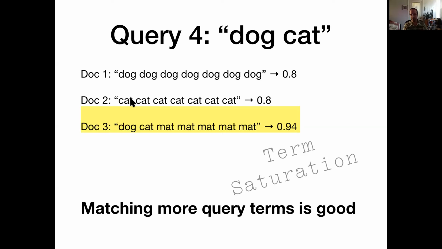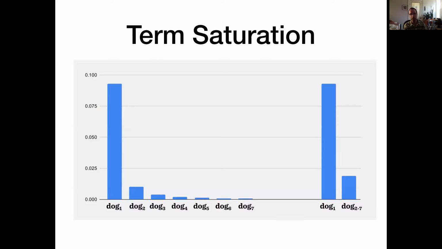And when we apply term saturation in an intelligent way, we get the effect of preferring matches for more terms as opposed to lots of matches for one term. So here's a chart that shows the contribution of each of 7 dogs that might occur in a document to the score for that document when I search for dog.